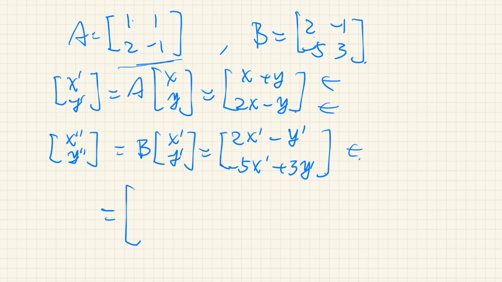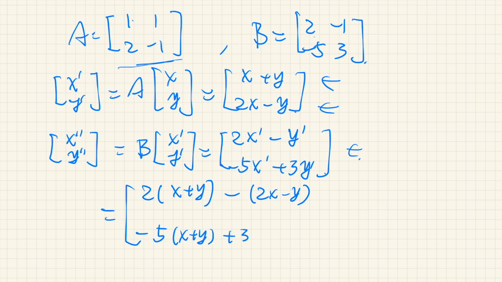So that becomes 2 times (x plus y) minus (2x minus y) and minus 5 times (x plus y) plus 3 times (2x minus y).